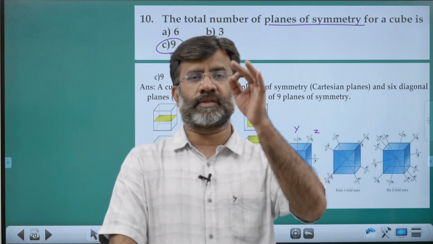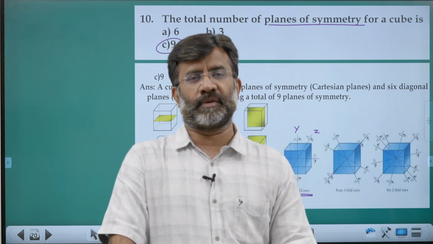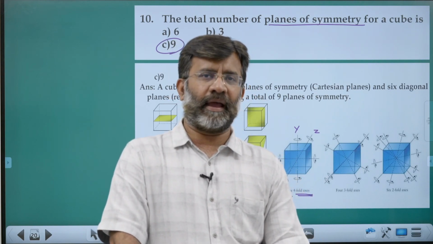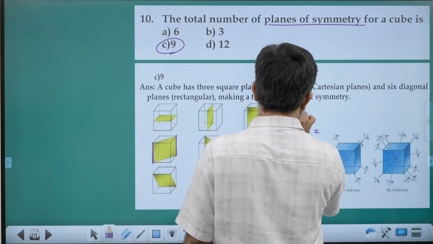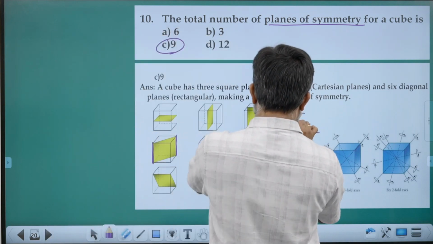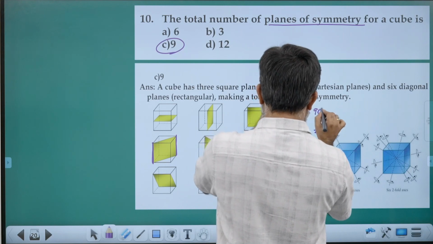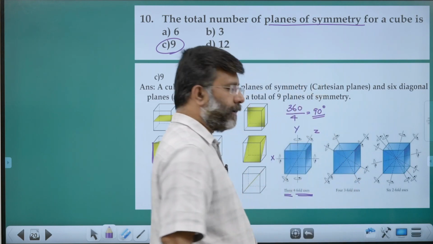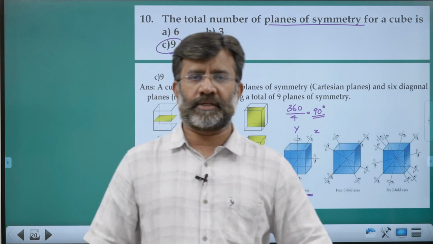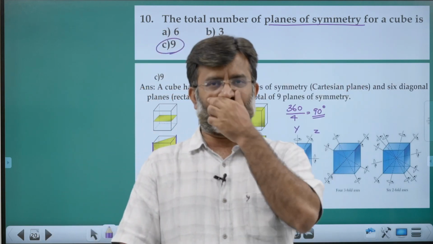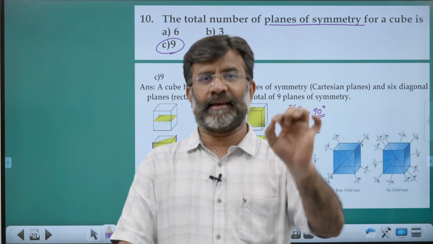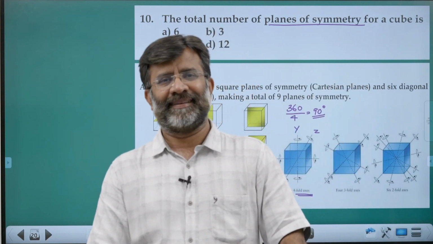What is meant by a fourfold axis of symmetry? It means 360 divided by 4. That is, if you rotate by 90 degrees, you will get the same arrangement. That is what a Cn axis of symmetry is, where C stands for the rotation axis.